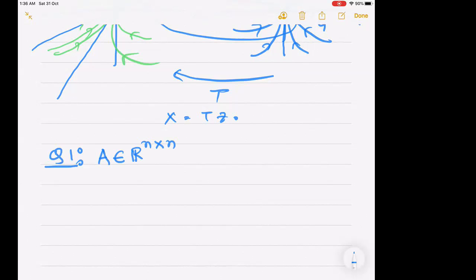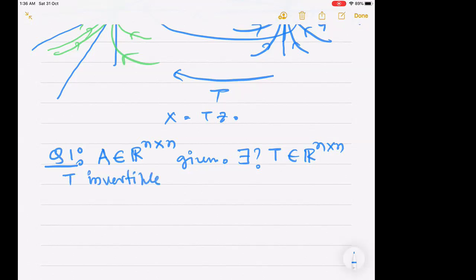A is an n cross n matrix with real entries. This is given. The question is, does there exist a matrix T, which is also in R n cross n, T invertible, such that T inverse A T, which we are calling A nu, is diagonal?